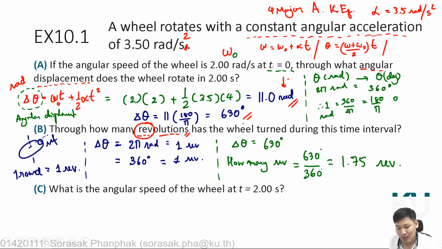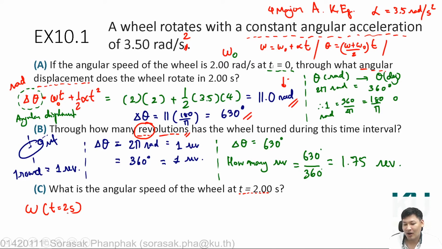So for the third one, what is the angular speed of the wheel at t equal to 2 seconds? You may want to determine the angular speed at t equal to 2 seconds.